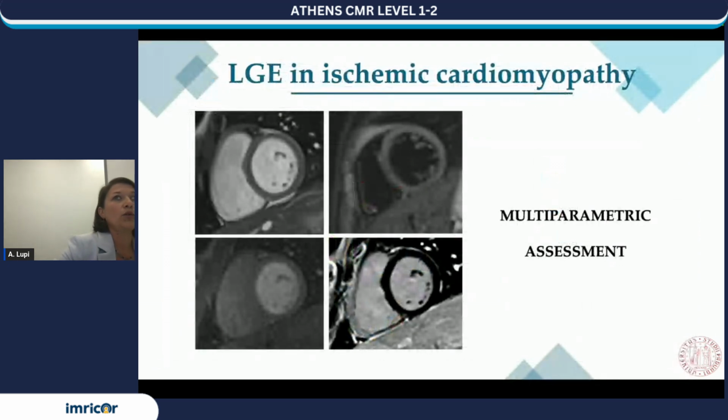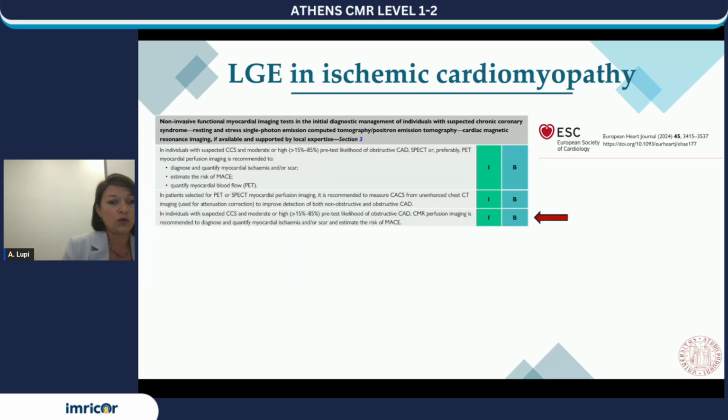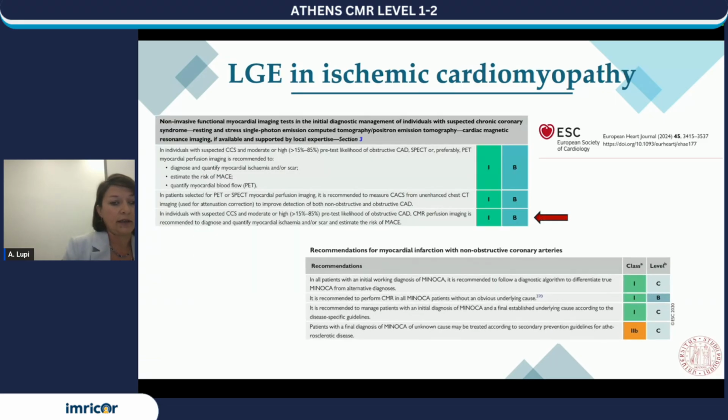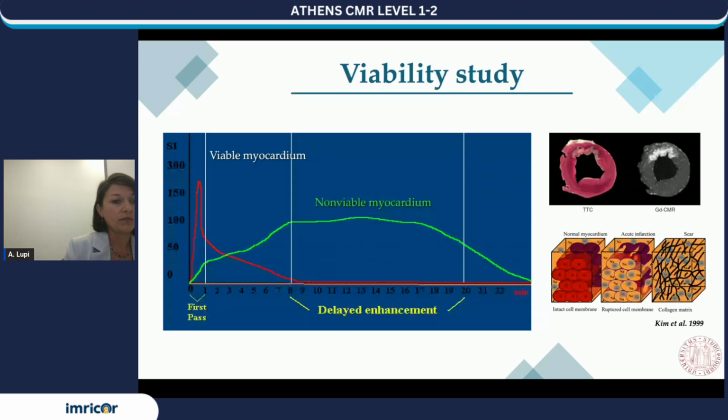Let's now look at how to perform LGE assessment in ischemic cardiomyopathy. Here we need to obtain a multiparametric assessment starting from function and cine evaluation, and also considering the first pass perfusion and also the late enhancement sequences that allow us to obtain a comprehensive viability study.